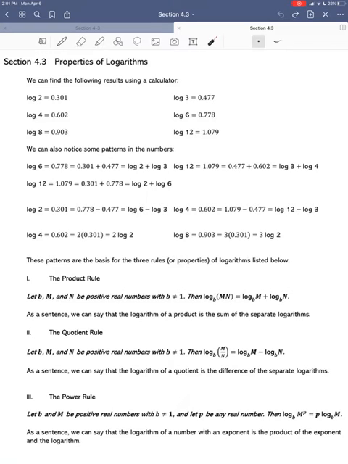Similarly, we can show that the log of 12 is the log of 3 plus the log of 4, or that the log of 12 is the log of 2 plus the log of 6.